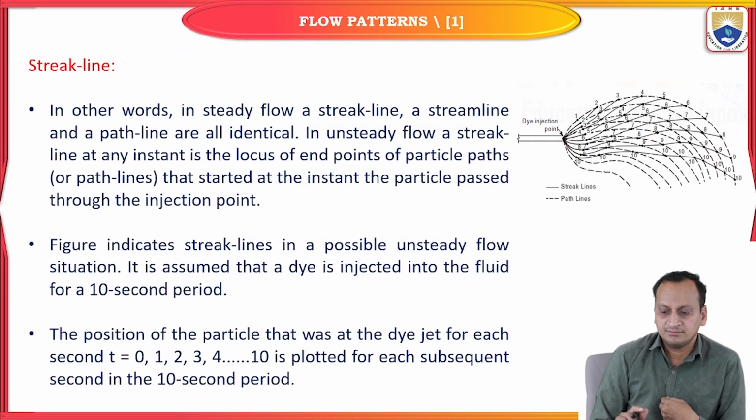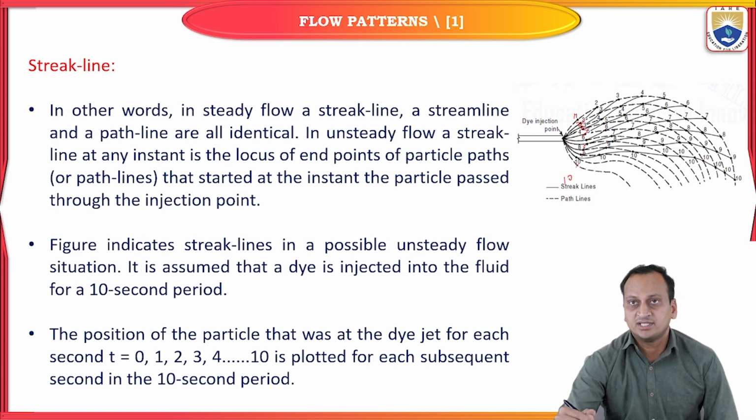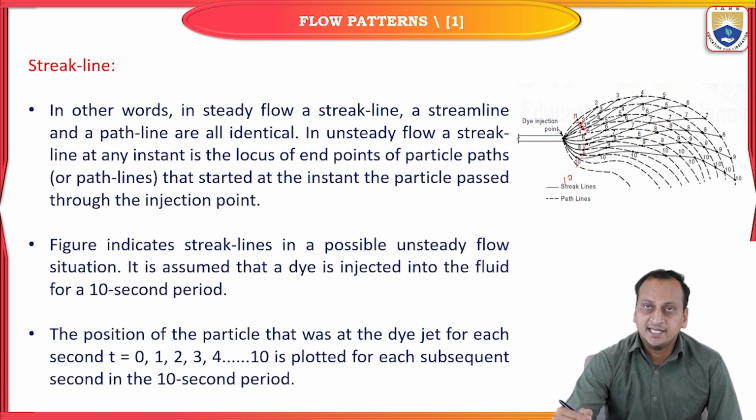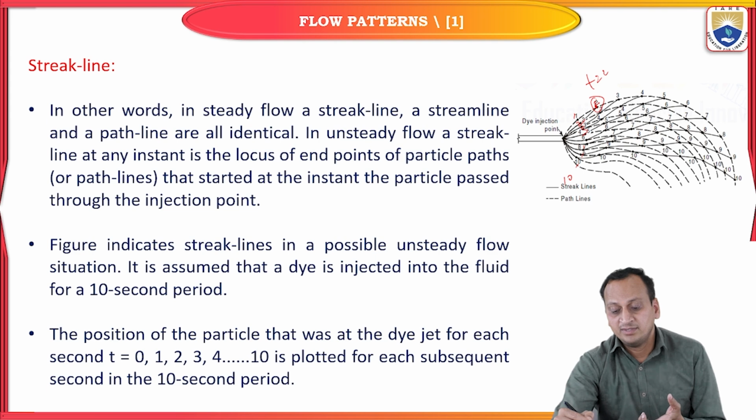In this diagram, what is happening for 10 seconds of time, 1, 2, 3 till 10 seconds, the colored dye is injected. At t equals 2, the particle will be at this position.